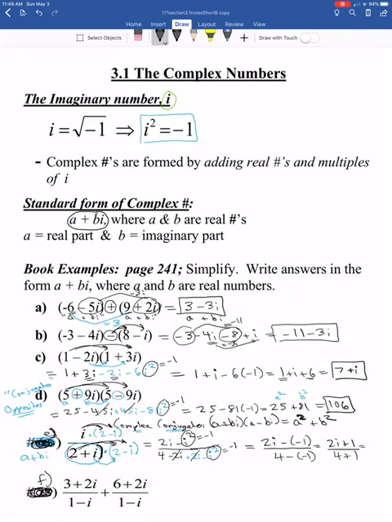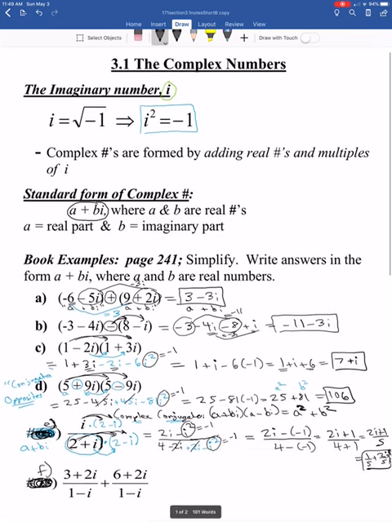And there's that shortcut, a squared plus b squared. So we end up with 2i plus 1 over 5. And if you want, just to make it look a little bit better, I'll break it up so that you can see your real part and your imaginary part. So 1/5 plus 2/5 i. There's your standard form complex number.